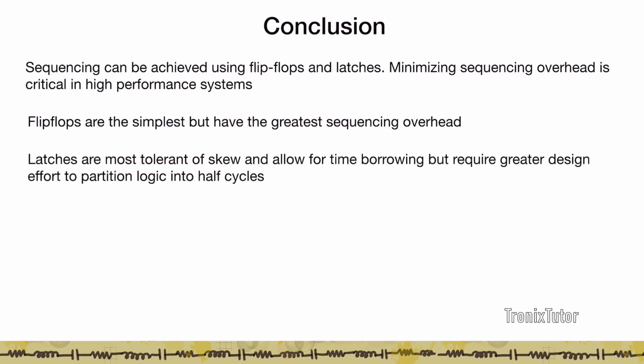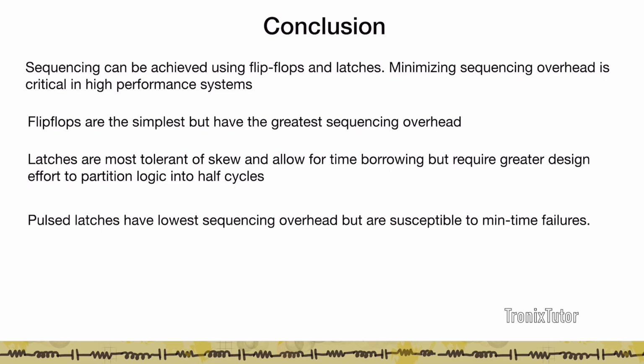Latches are most tolerant of skew and allow for time borrowing, something which a lot of designers like, but they require greater design effort, especially when you want to partition logic into half cycles. Pulse latches have the lowest sequencing overhead but are susceptible to min-time failures. So again, as I mentioned, how you choose your sequencing depends on the requirements of your design.